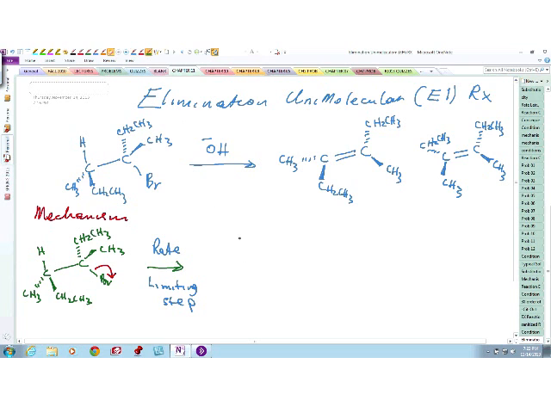So at this point, we now form this carbocation.